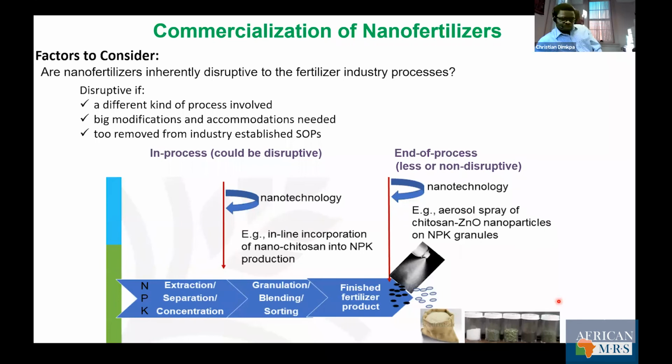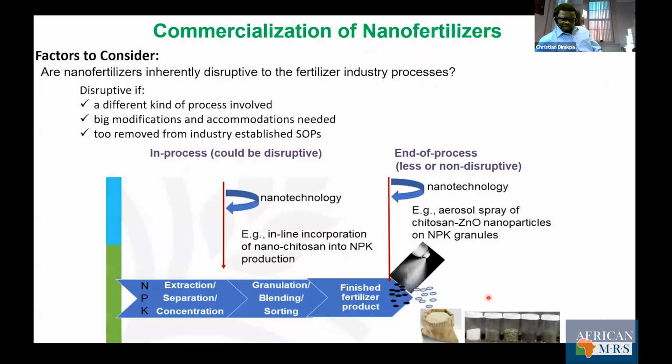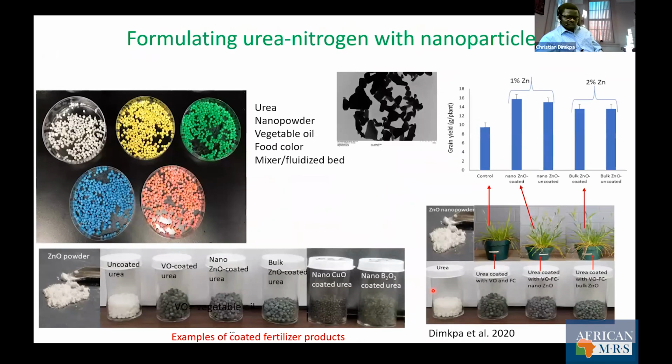So these are different types of nano-enabled urea products. This is your normal urea. As you know, urea is white in color. If you apply nanotechnology, like in this process here, where the product is already made, so these are presumably urea granules, you can just take your nano powder, like in this case zinc oxide, and formulate the zinc oxide onto your urea, on the surface.